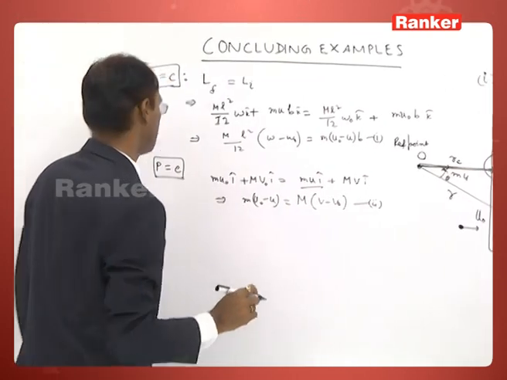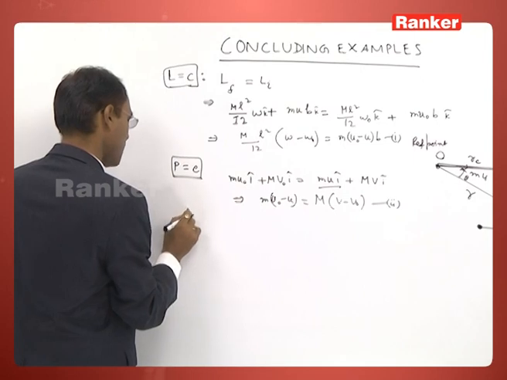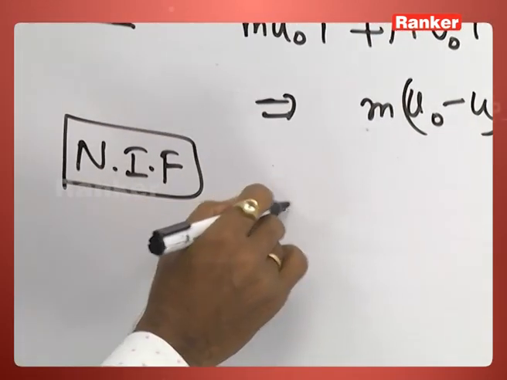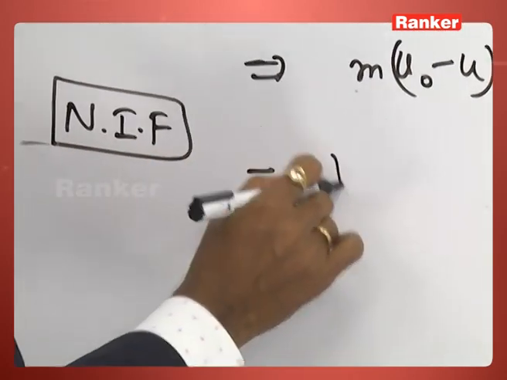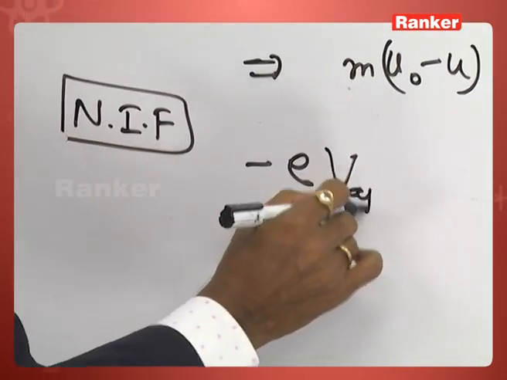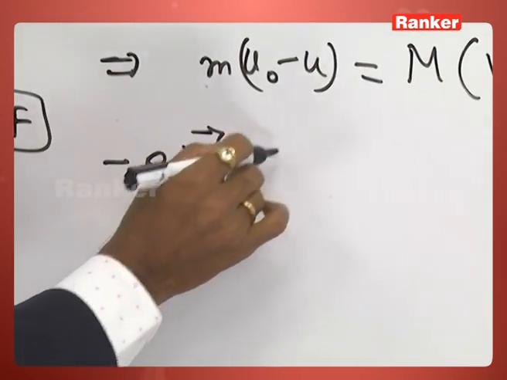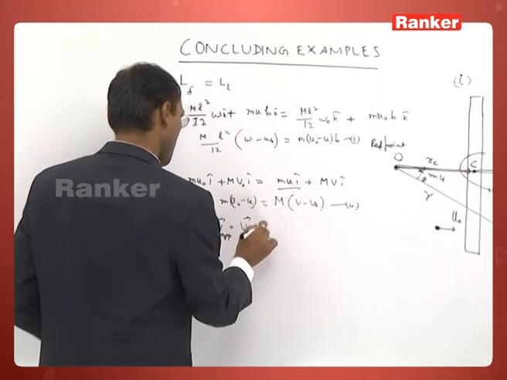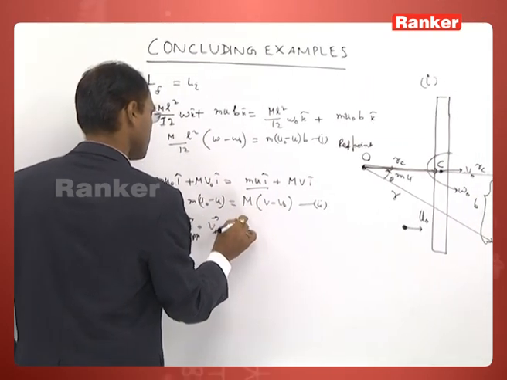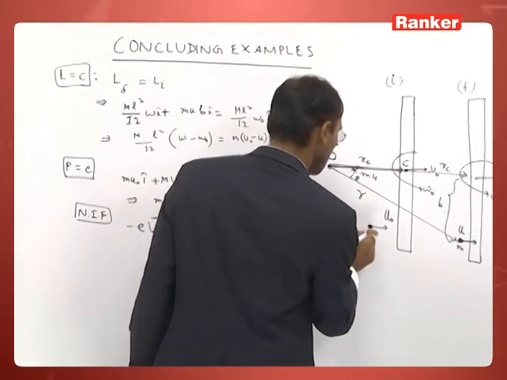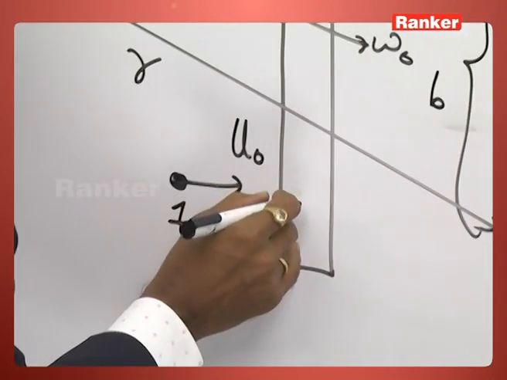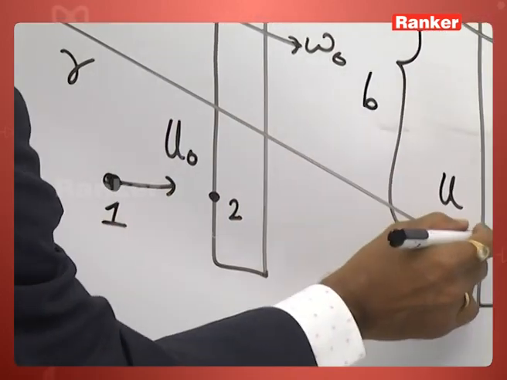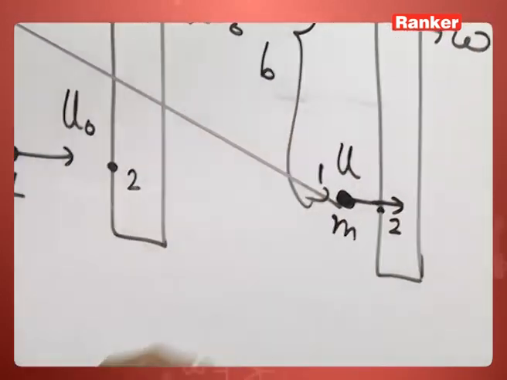The third equation is Newton's empirical formula, which states that minus e into velocity of approach is equal to velocity of separation. Let this point be the colliding point, point 2 on the rod and point 1 on the particle.